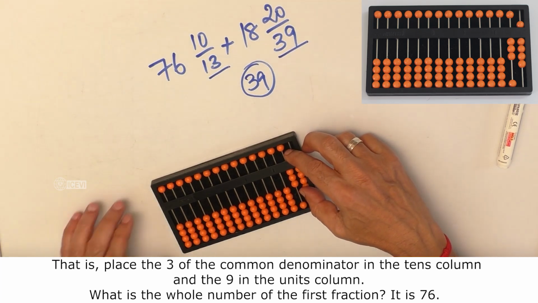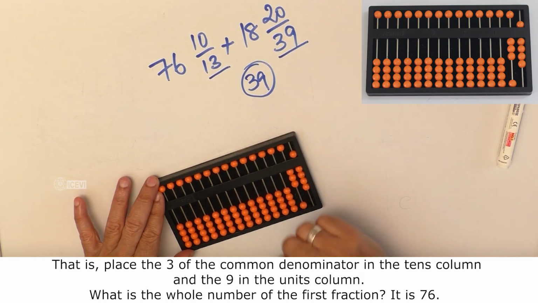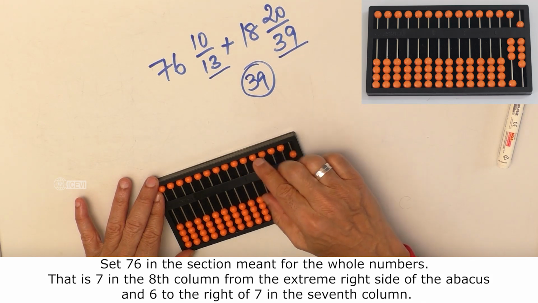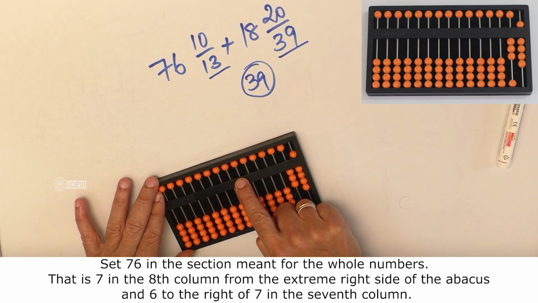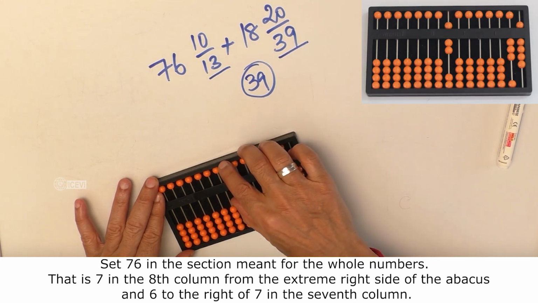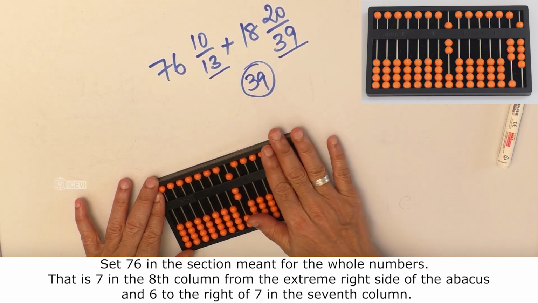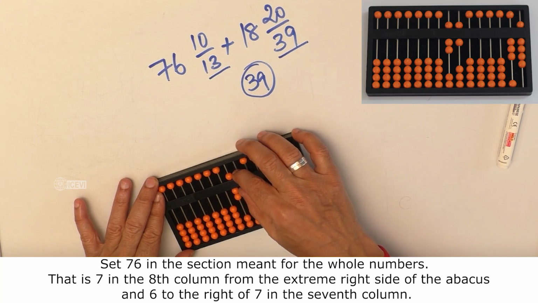What is the whole number of the first fraction? It is 76. Set 76 in the section meant for the whole numbers, that is 7 in the 8th column from the extreme right of the abacus and 6 to the right of 7 in the 7th column.